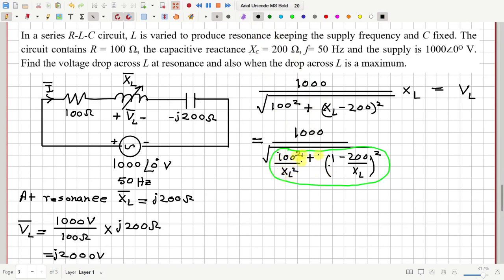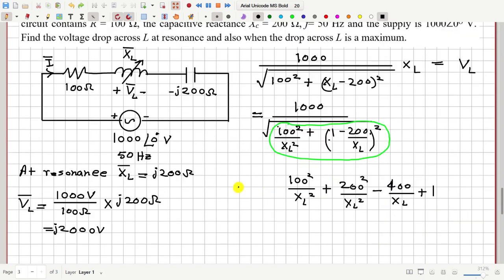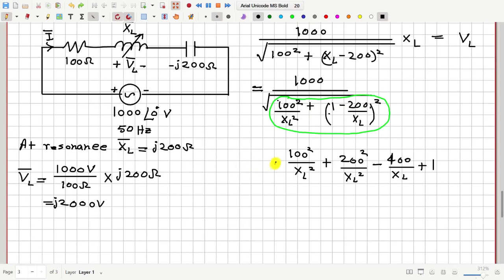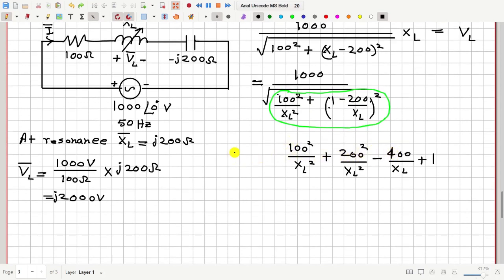Now this can be written as 100 squared by XL squared plus, if you expand this, you will get 200 squared by XL squared minus 400 by XL plus 1. This is the quantity inside this green circle. And now we want to minimize this quantity.